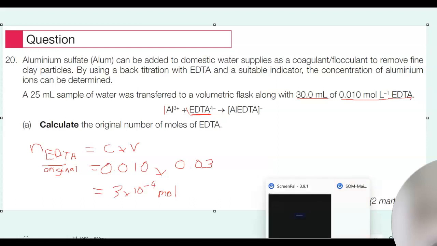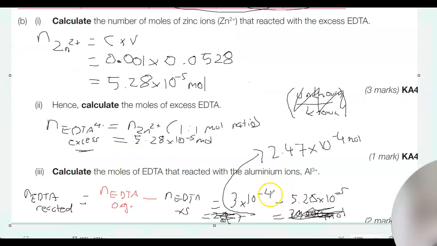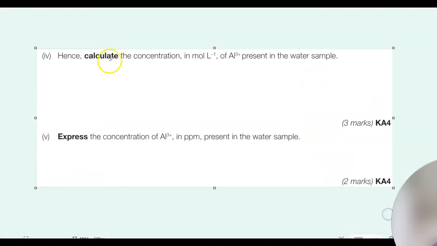So essentially, the number of moles of aluminium is the same thing as the number of moles of the reacted EDTA, which is that there. Okay, so we can just say the number of moles of the aluminium ions is equal to the number of moles of the EDTA that have reacted, which is because of a 1-to-1 mole ratio.